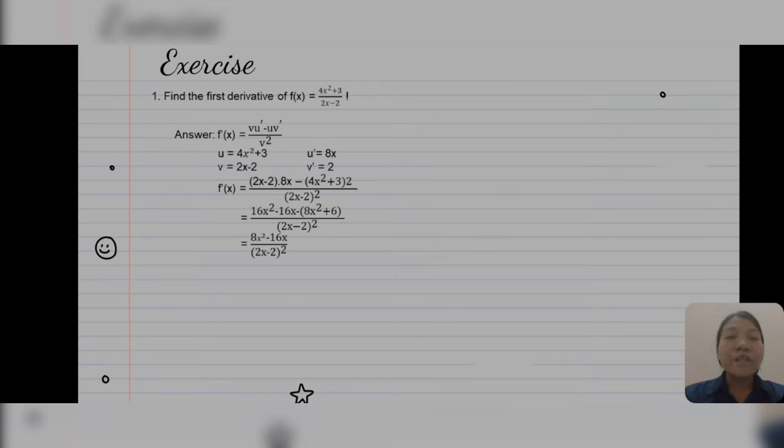So before we use it to the formula, we need to differentiate it first. So the u, that is 4x squared plus 3, we derivative it, so we got u accent is equal 8x. At here, why is this 8? Because the 4 at the front, we times it with 2, so we got 8, and the x squared, we minus it with 1, so we got x.